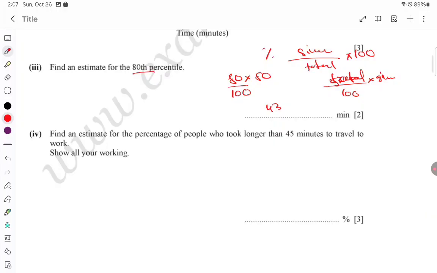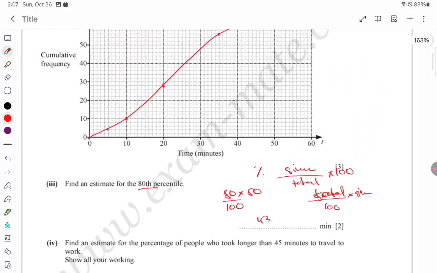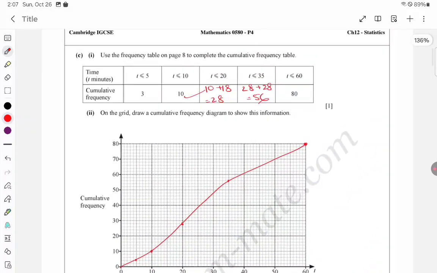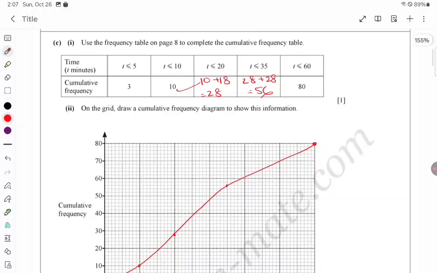In part 4, find an estimate for the percentage of the people who took longer than 45 minutes to travel to work. Show all your working. Now for the greater than 45 minutes, simply, this is our total 80.